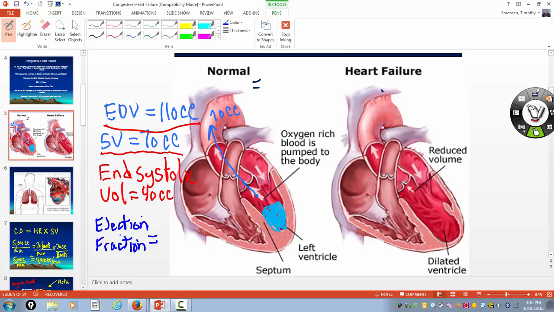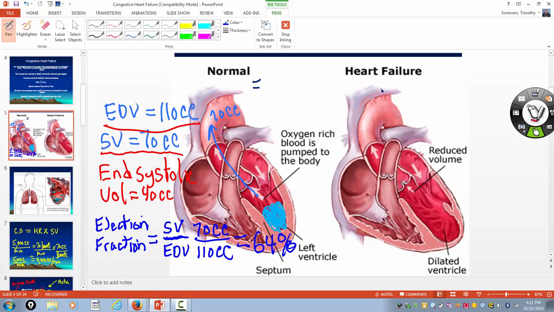And how you determine ejection fraction is you take the amount of blood that was ejected with each beat, which is called your stroke volume, and you divide that by the end diastolic volume, or the amount of blood that was in the ventricle before it contracted. So if you take 70 cc's and divide it by 110 cc's, you're going to get a percentage, and that percentage is about 64%.